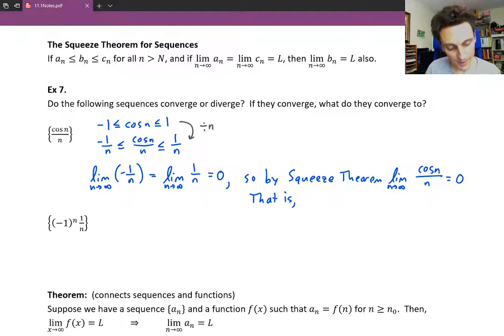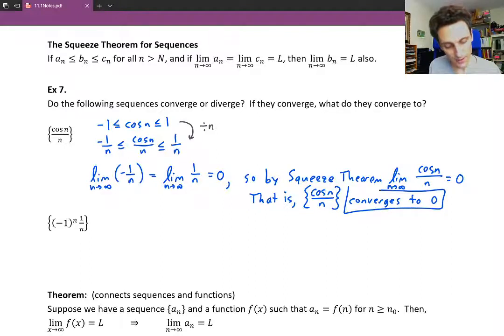In other words, cosine n over n as a sequence, and we could put little curly braces around it if we want, that's optional really, converges to 0. It asks us, do the following sequences converge or diverge? Converge, in this case. If they converge, what do they converge to? Converges to 0.